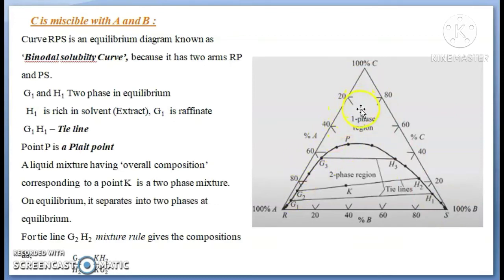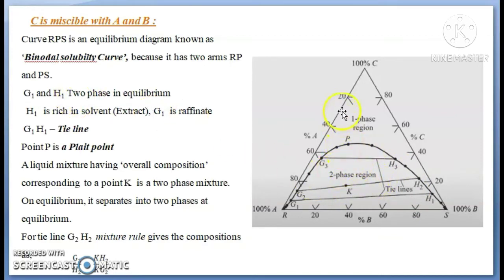The concentration at any point above this curve shows the homogeneous or single phase region. It is a single phase region above the binodal solubility curve, whereas the composition of the mixture at any point beneath this curve gives you the two phase region, a mixture of two phases.